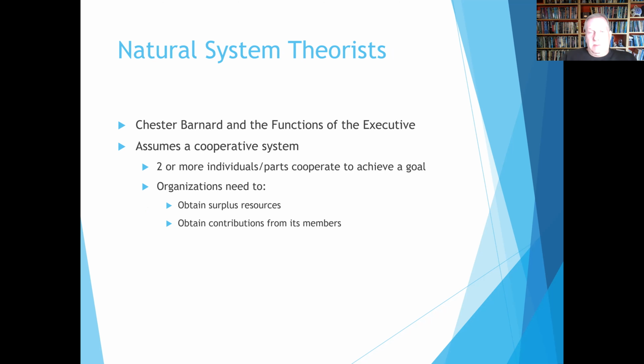So for natural systems theorists, one of the primary theorists is Chester Barnard. And we run into Barnard a couple of different times in this course in the assigned readings. Barnard is important for natural systems theory because Barnard recognized that organizations existed as cooperative systems, that in order for an organization to be successful, its success was predicated on cooperation between the parts within the organization.